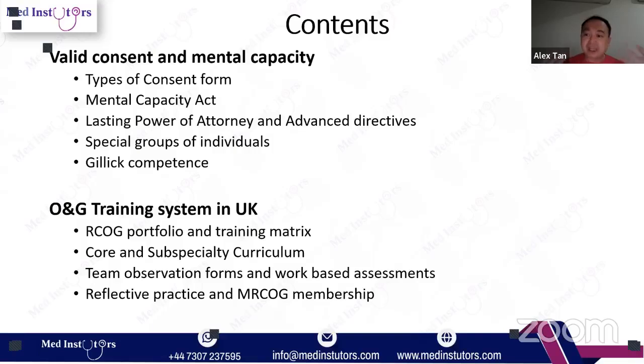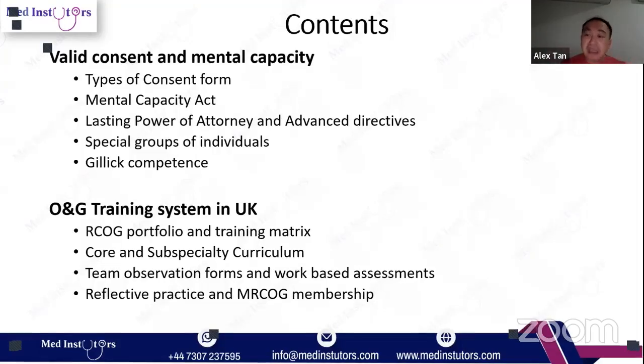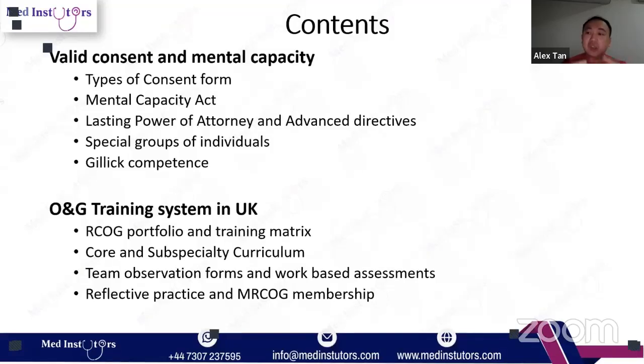I can even give you some samples of my own personal team observation forms, work-based assessments during my training. So you are familiar as to what the RCOG expects you to say in the exam to help you pass the station as though you are practicing the UK way.